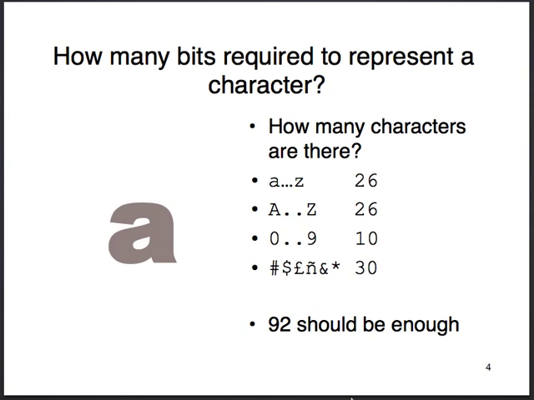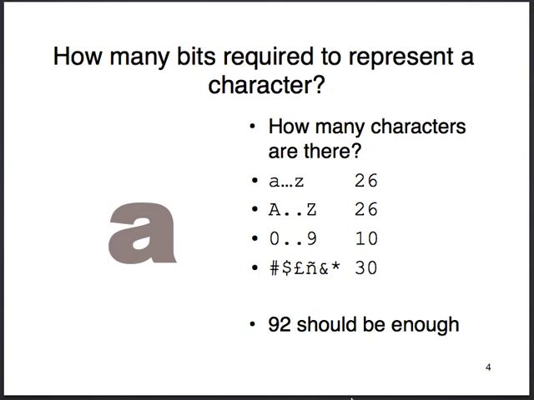In German, uppercase and lowercase is important. We probably want some numbers. We'd have the digits 0 to 9, another 10 there. And we could say that the various punctuation and funky characters, maybe there's another 30 there. I would say that 92 characters would be plenty.